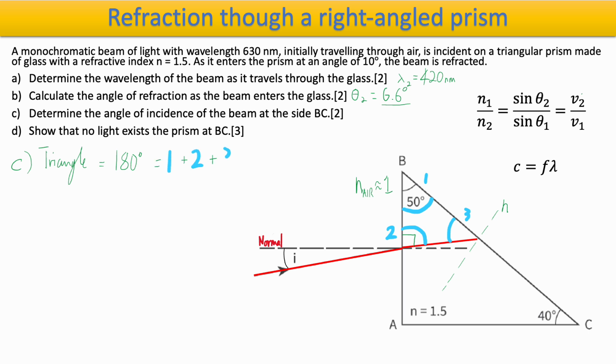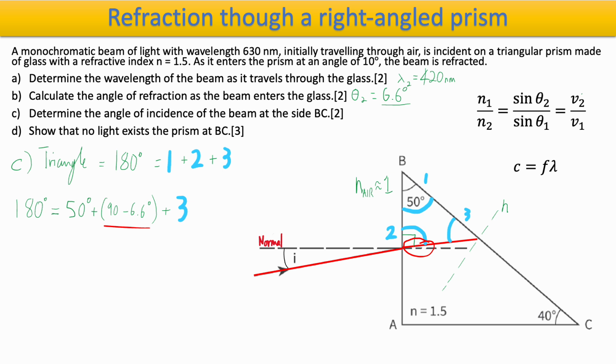Now we already know that the angle between the beam and the black normal line there is 6.6 degrees. So angle 2 plus this little bit here, 6.6. If we take 90 away from 6.6, that will give us angle 2. Angle 1 is given as 50 degrees. Angle 3 is what we're trying to figure out.